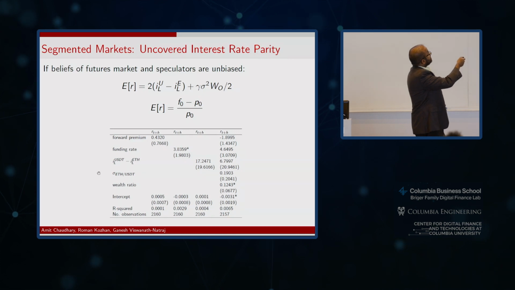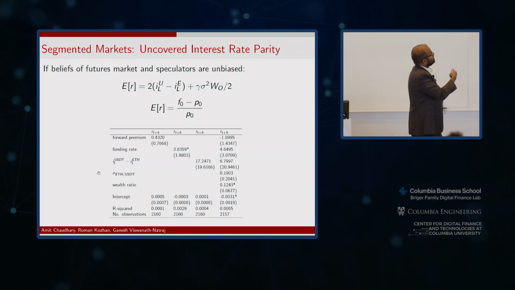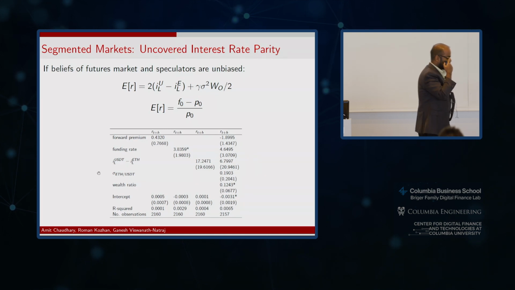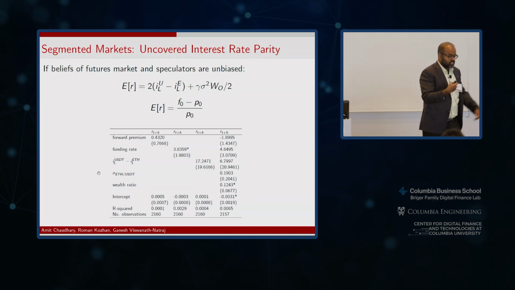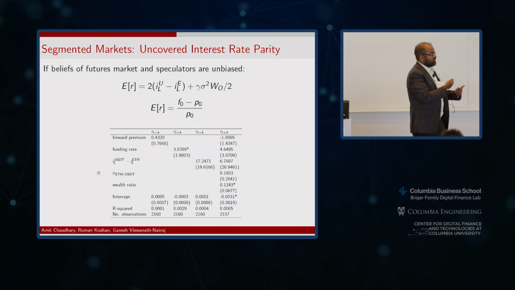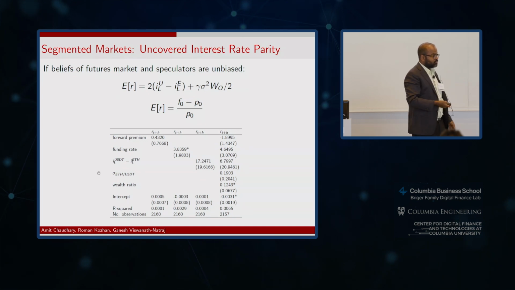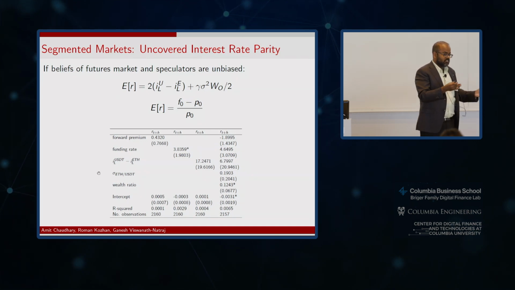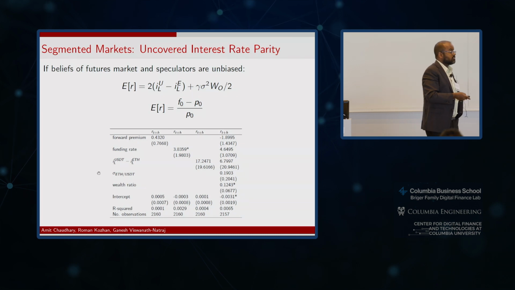We find that it does correlate with the funding rate, it doesn't correlate with the futures premium, and it also is not significantly correlated with the interest rate difference. So we're essentially saying that the traders aren't able to have aligned beliefs when it comes to predicting future returns. In some sense, there is segmentation between the two markets when looking at investor beliefs about the future rate.